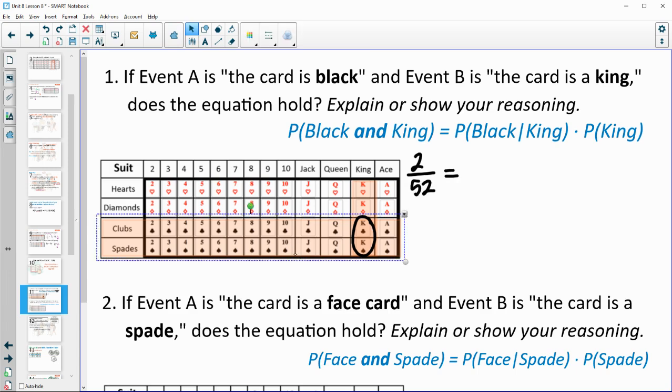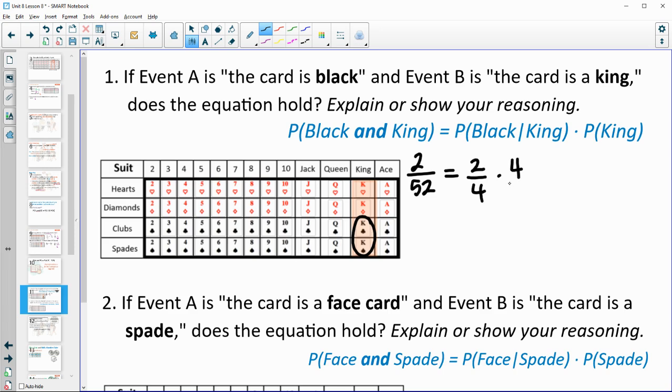And then what is the probability that it is black given that we know under the condition a king has been chosen? So now if we know that a king has been chosen, how many of those are black? And so we see 2 out of 4 cards being black once we know it's a king. And then what is the probability in general that a king is drawn?